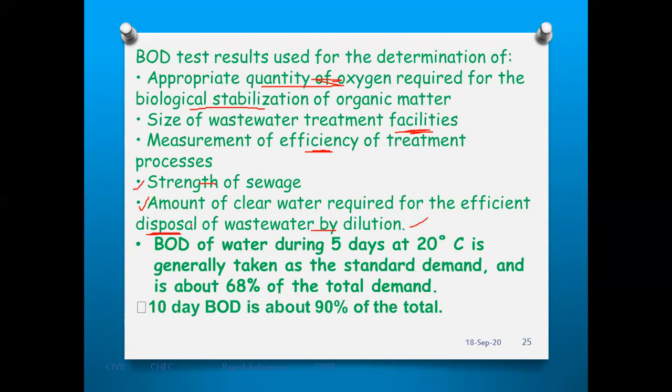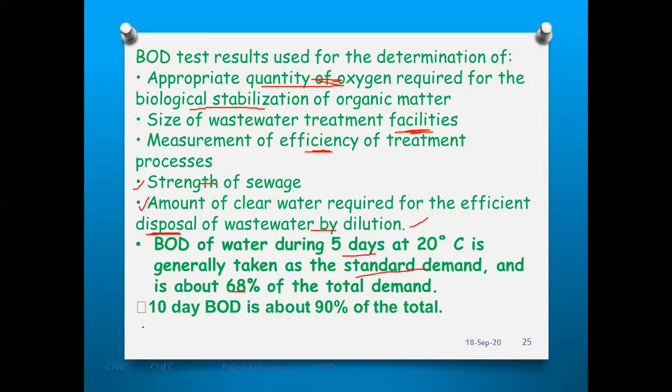Next, the BOD of water during 5 days at 20 degrees centigrade is generally taken as the standard demand. For COD we require 3 hours. Here the BOD at 5 days at 20 degrees centigrade is generally taken as the standard demand, which is about 68% of total demand.